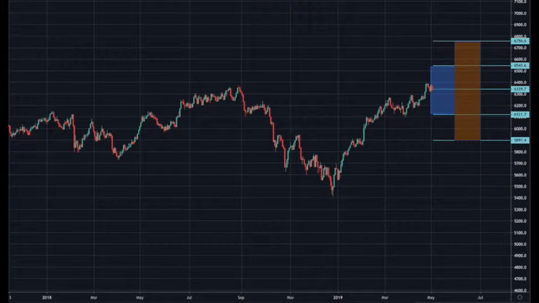Now, if you want to increase that probability, you essentially just say that the market will trade within a higher range.